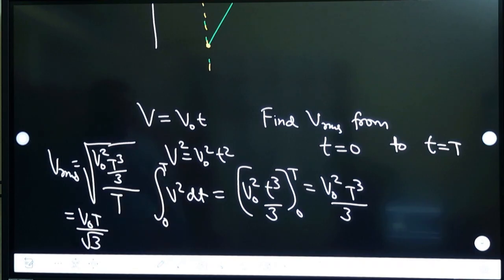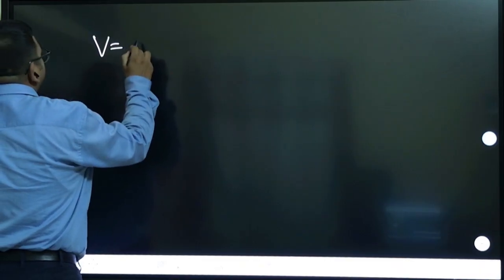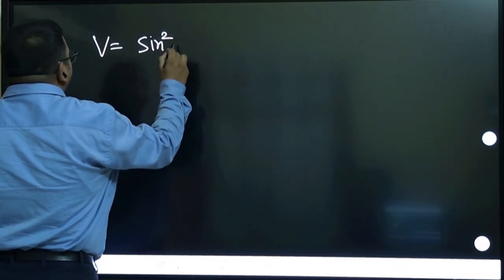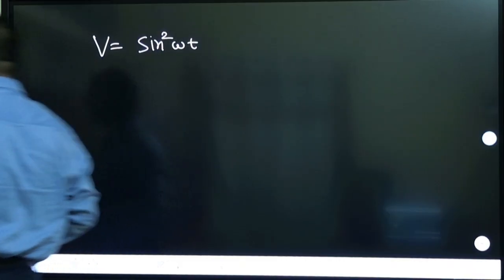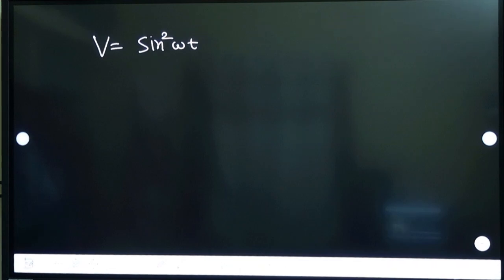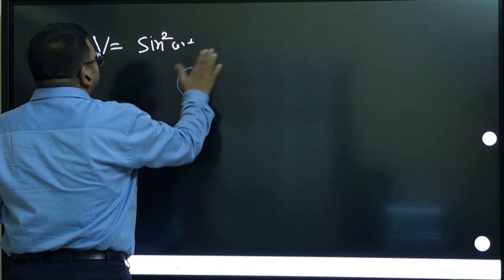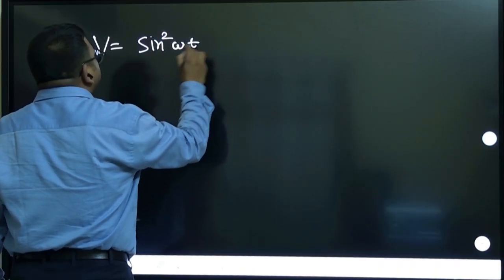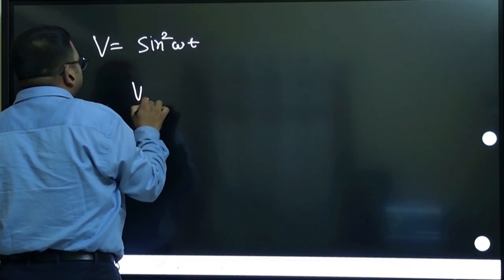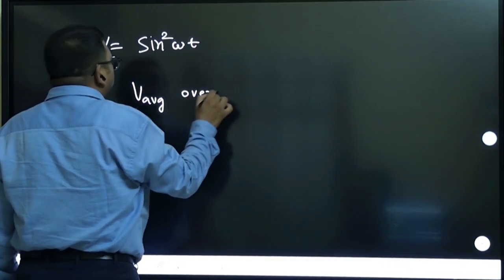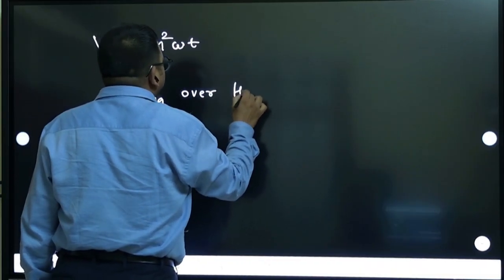Now tell me very quickly, one question I'll give. Suppose this v equal to sine square omega t. This is the equation. Now you tell me what will be the average value over half cycle, 0 to pi. Or let us say this is 0 to omega t. You have to calculate v average over half cycle.